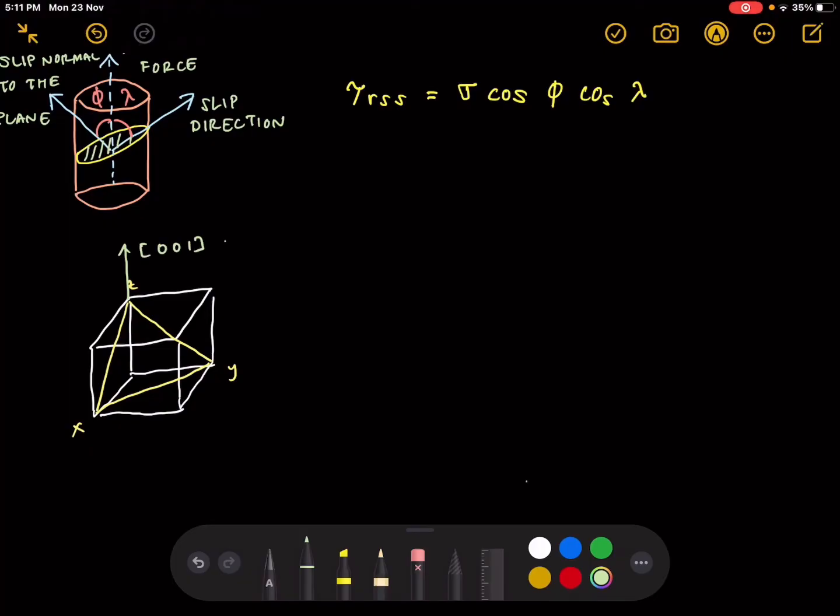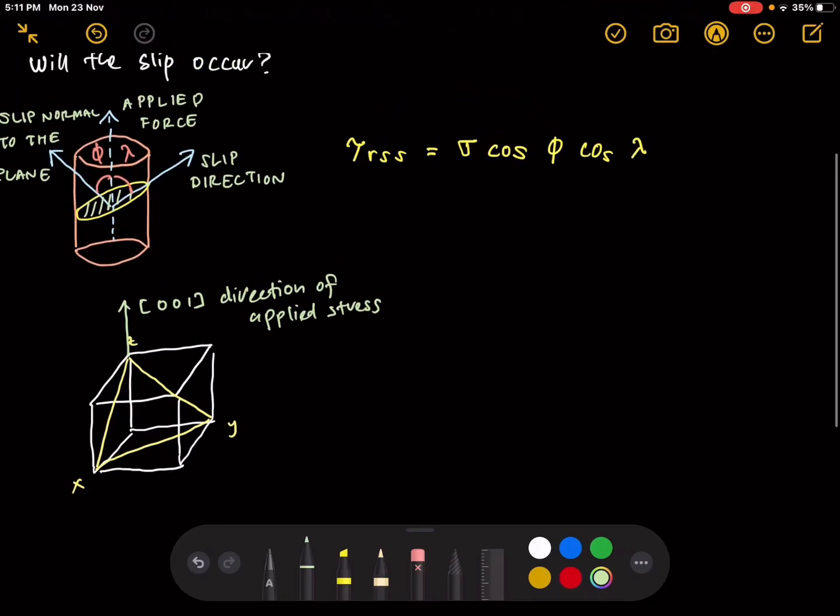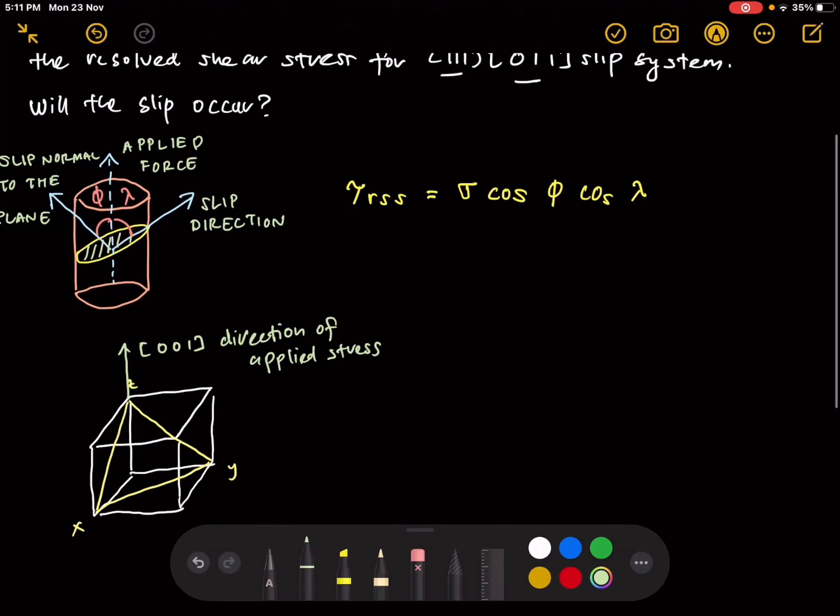So this is the direction of applied stress. And then we have the slip direction. The slip direction is at the [01-1] direction, and it is at this direction. So this is the slip direction.